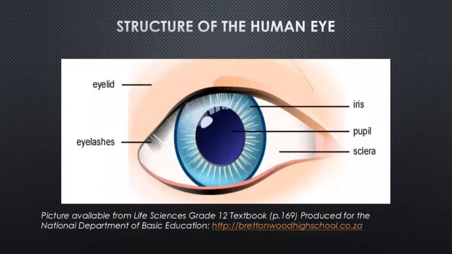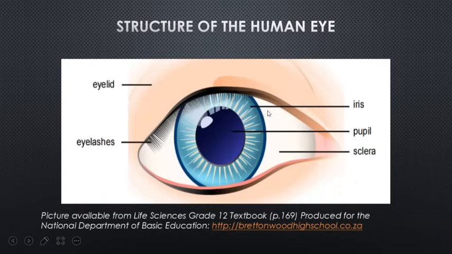Now, we're going to start by looking at the front view, or the front part of the eye. The part of the eye that we usually see when we're looking at each other, okay? So what is important here for you to know is this blue part, which is the color of the eye, or which determines the color of your eye.